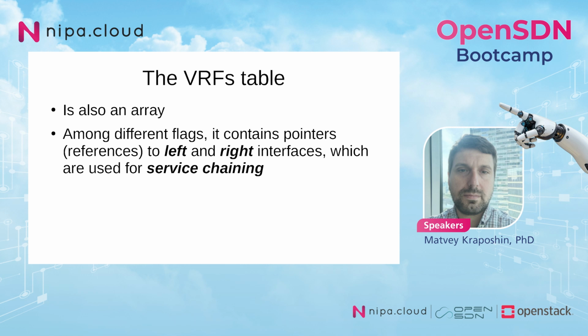There are flags which are related to left and right interfaces, which is used for service chaining, and the main flag is whether our VRF table is active or not.